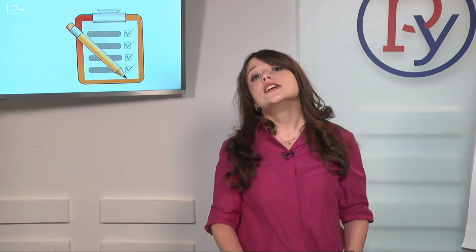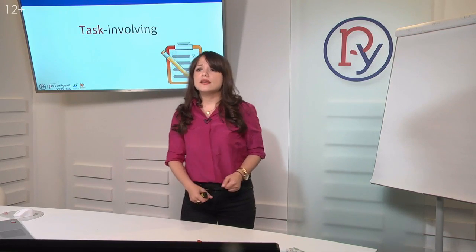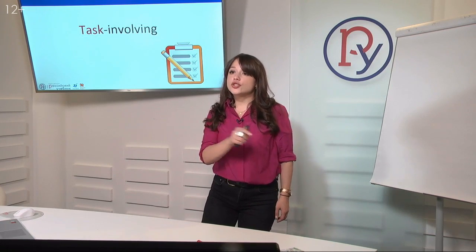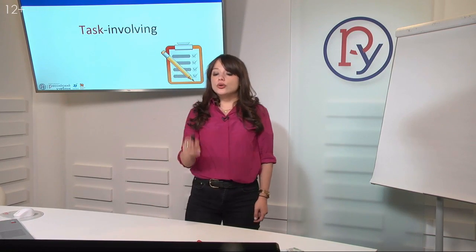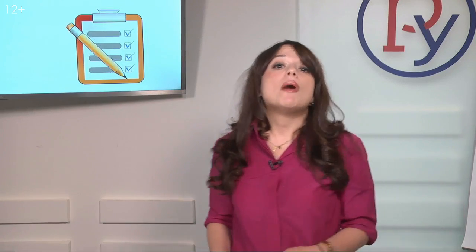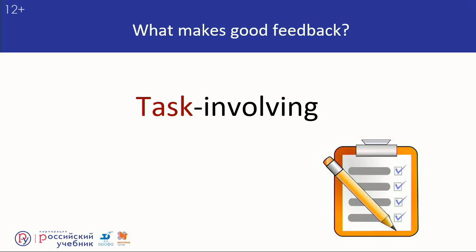So instead of saying, John, you're such a smart boy, you're so talented, right? You're just amazing, you're the best student in this class, right? We might say, John, this is a very strong piece of writing. You have made great progress, right? So keep up the good work, right? So we want to focus on the way our students did the task rather than on their personal characteristics, right?